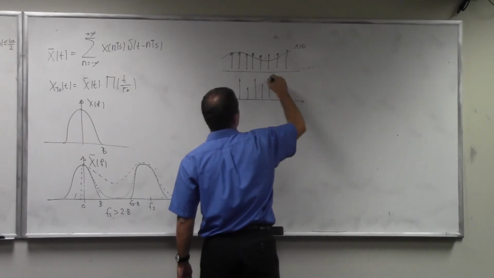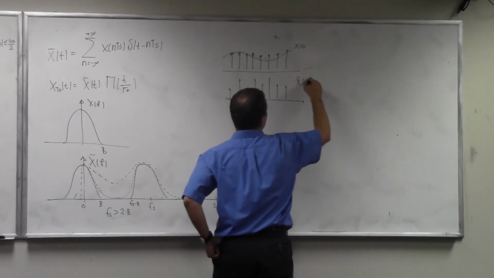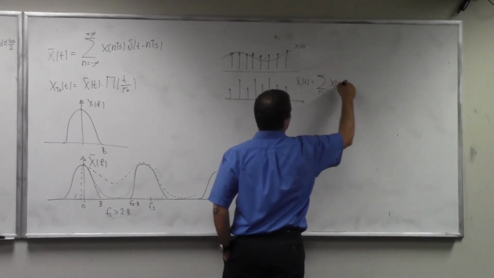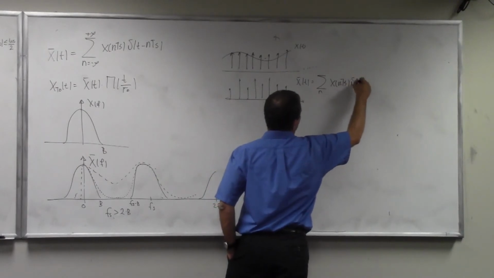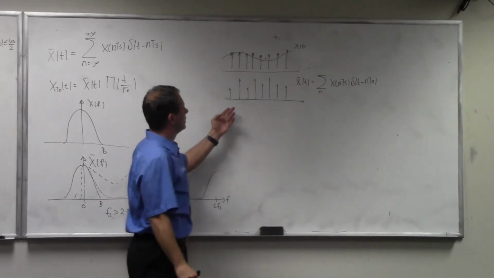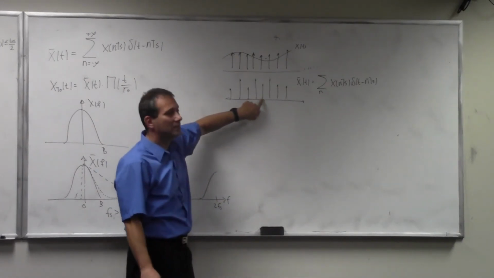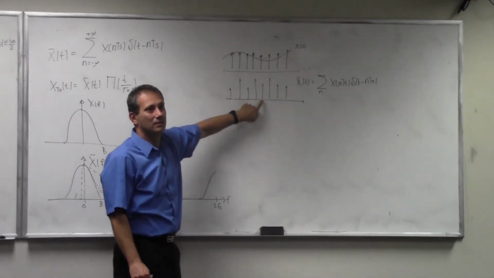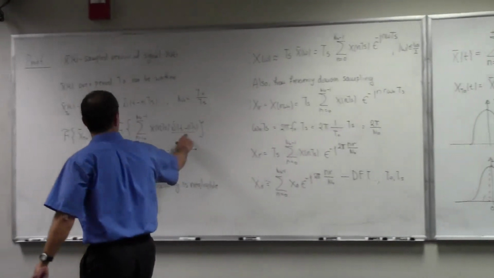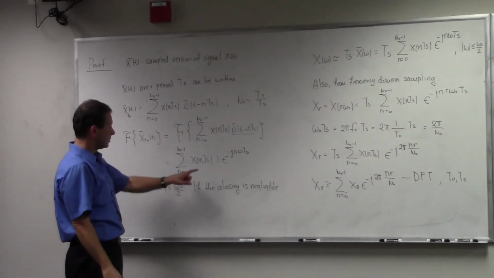These are your deltas, and this signal is x hat of t, which is the sum over n of x of nTs delta of t minus nTs. So if you take the Fourier transform, you end up with a whole bunch of Fourier transforms of delta functions. Okay, so the Fourier transform was just the delta part. Yeah, this is the only function of time, and the rest is a constant, so it comes out. So you end up here.